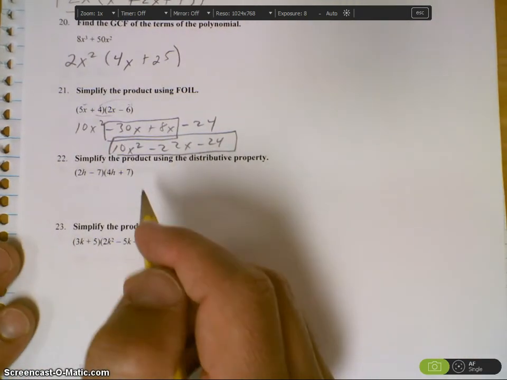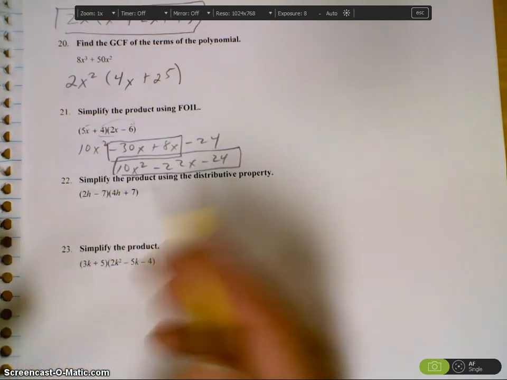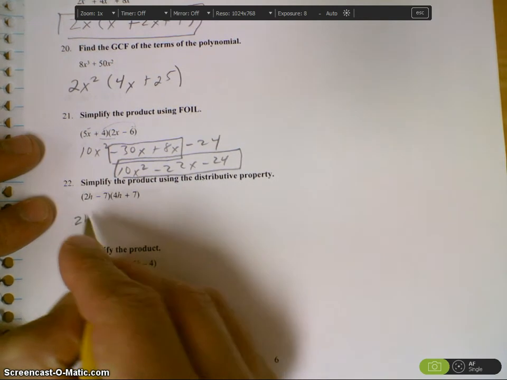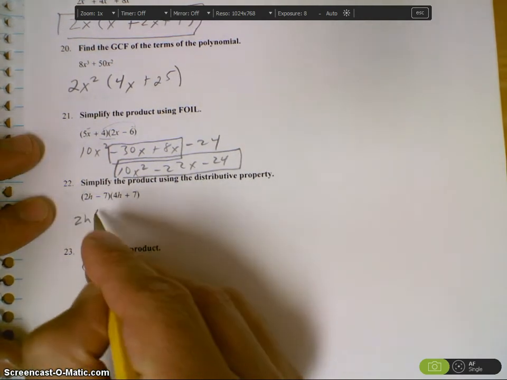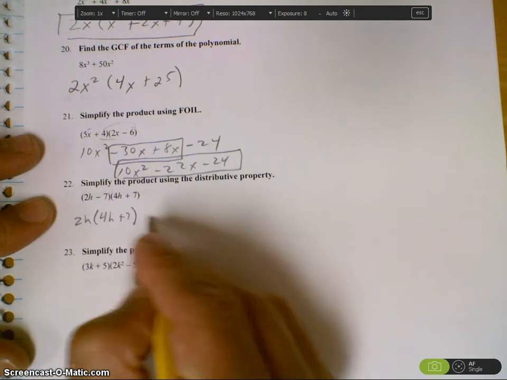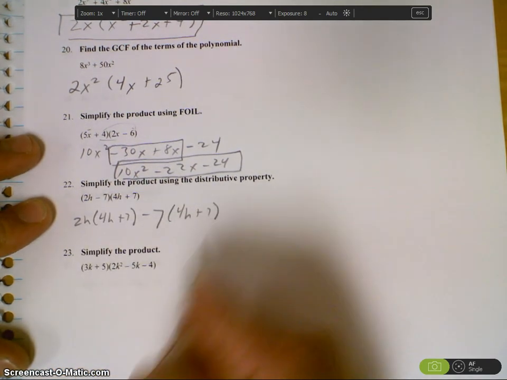All right, let's move on to the next one. Distributive property. We can distribute. We could also use FOIL again if you wanted to. I'll show you the distributive property. I'm going to write the first term of the first binomial, and I'm going to write the second binomial. I'm going to use the sign and this number next to that, so minus 7 times 4h plus 7.